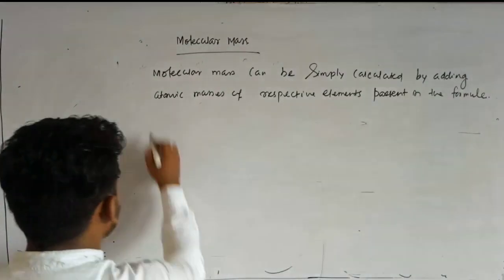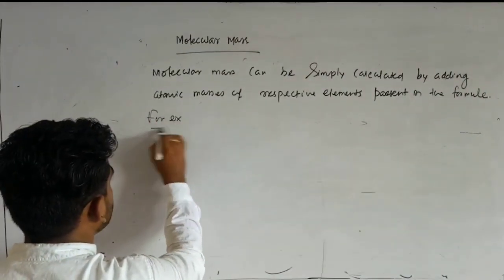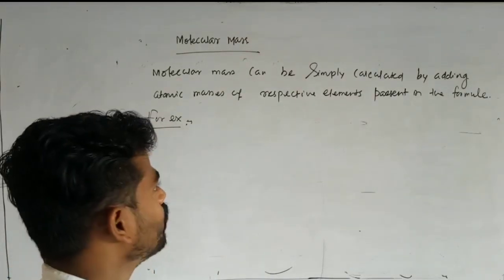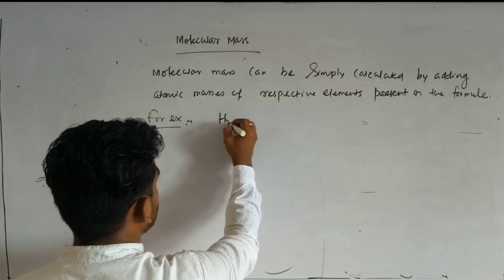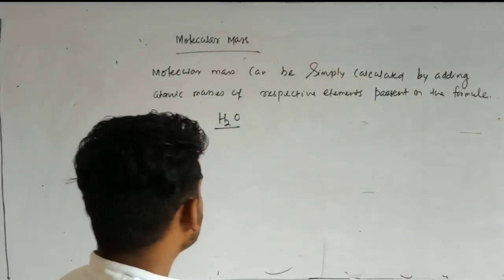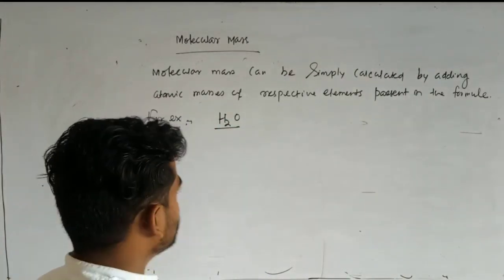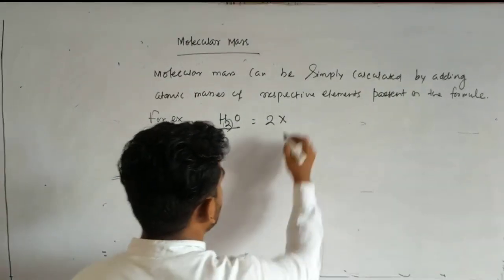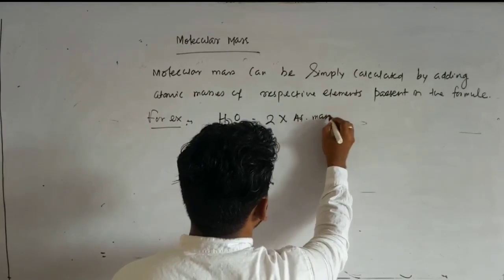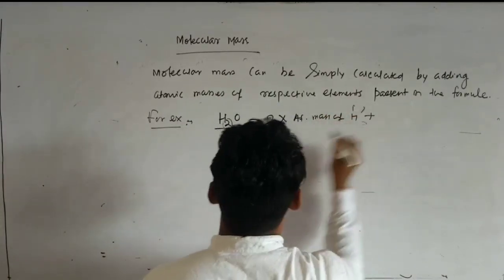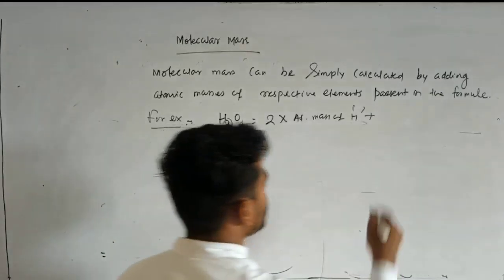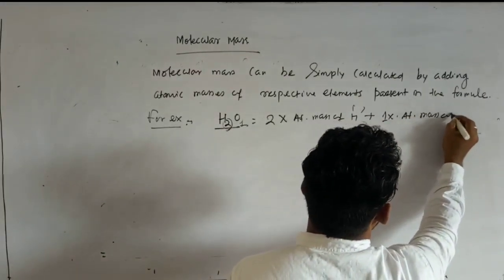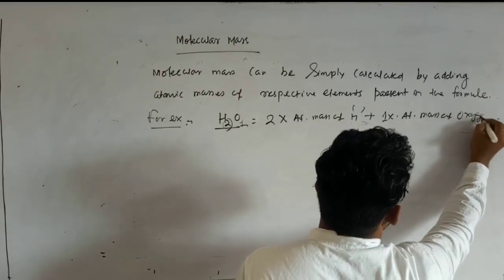Okay, for example, see, if I ask you to calculate the molecular mass of water, okay, so 2 hydrogen atoms, 1 oxygen atom are there, so 2 into atomic mass of hydrogen plus 1 into atomic mass of oxygen.